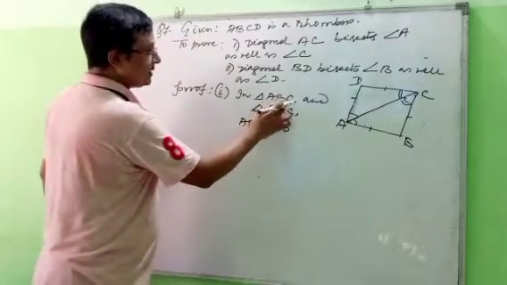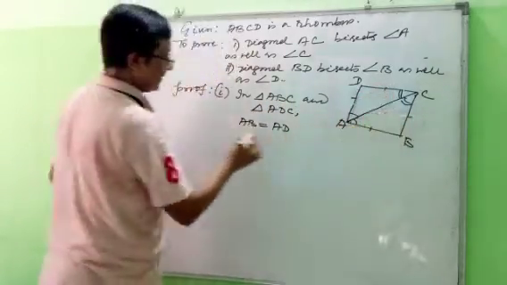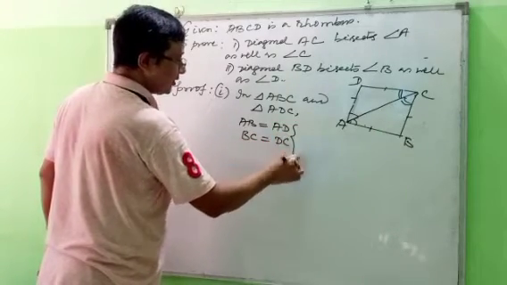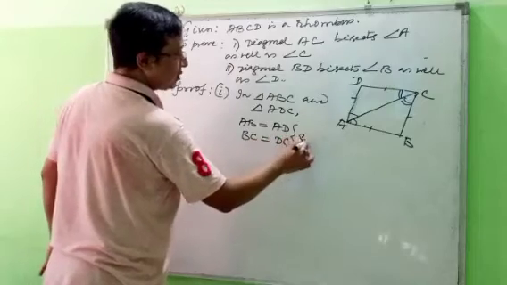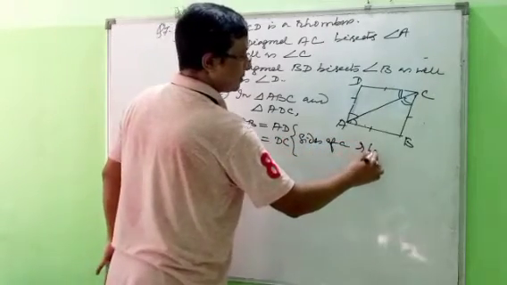Next, BC equals DC, the same reason, sides of a rhombus.